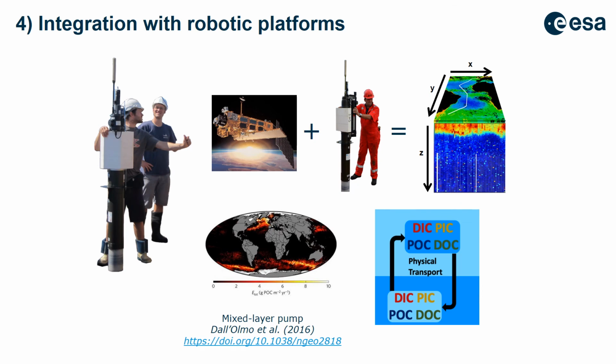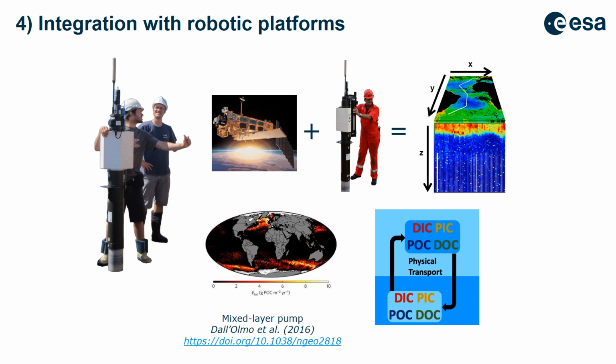Now, fortunately for us, there are new tools being used in oceanography, robotic platforms, and one of these tools is Argo floats. This is an example of a biogeochemical Argo float, which in addition to measuring physical salinity and temperature, also measures biogeochemical variables, the chlorophyll concentration and the backscattering, which we can link with our satellite observations.